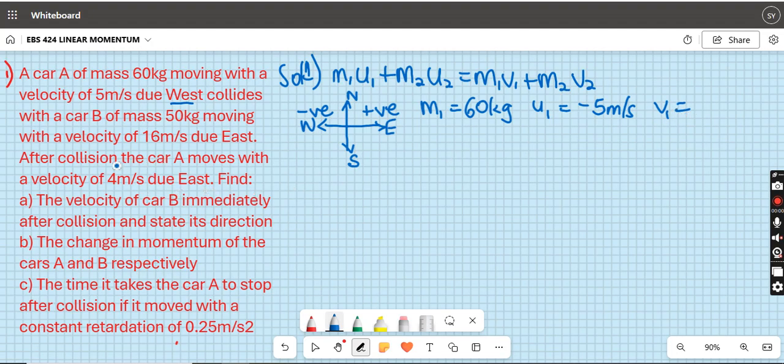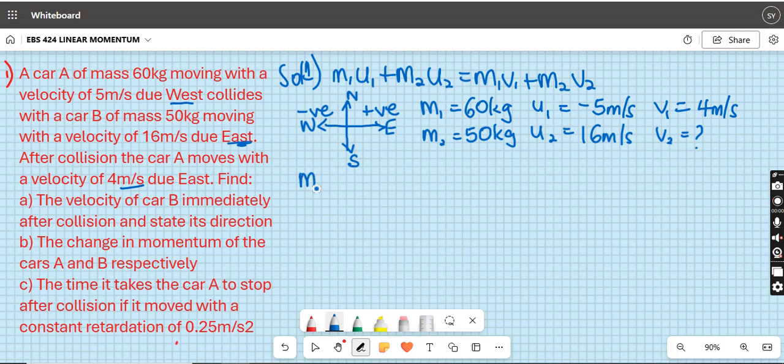It says after collision the car A moves with a velocity of 4 meters per second due east, so that is positive. Now let's go to the second car. m2 is 50 kilograms. u2 is 16, due east, so it will be positive. And v2, we do not know.